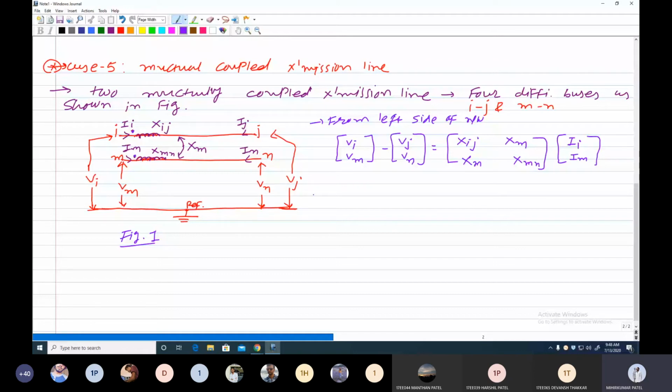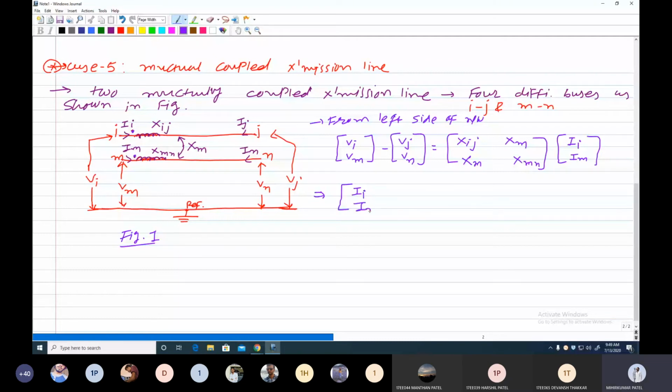Similarly for the other side. Now write one more step: make the current matrix the subject to calculate the admittance offered by this network.